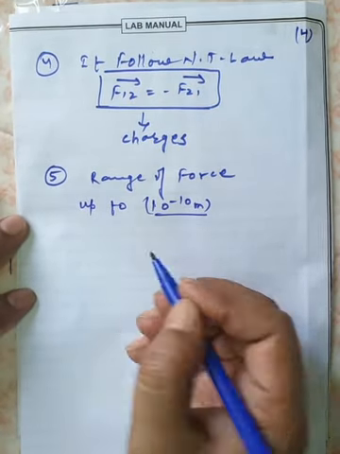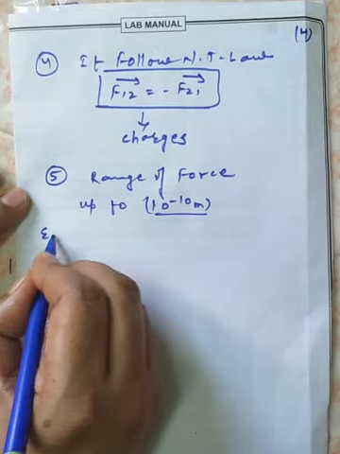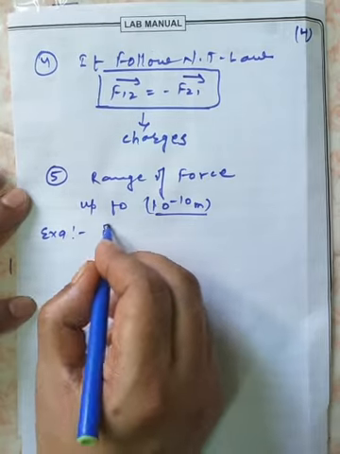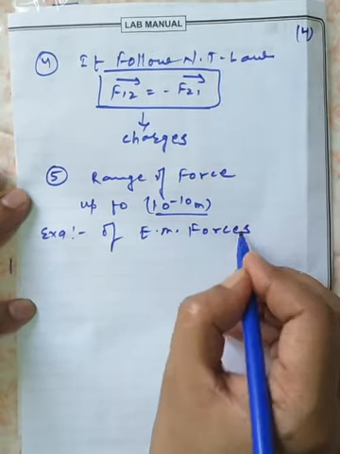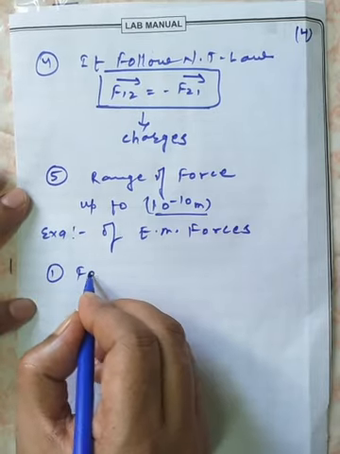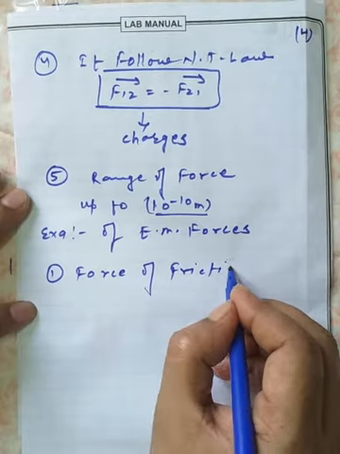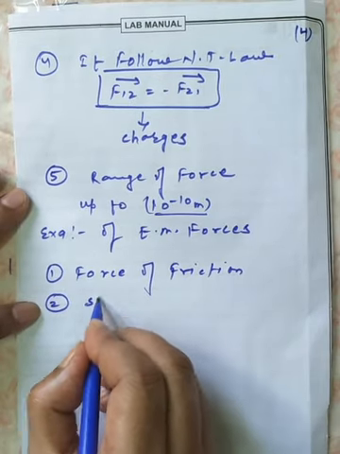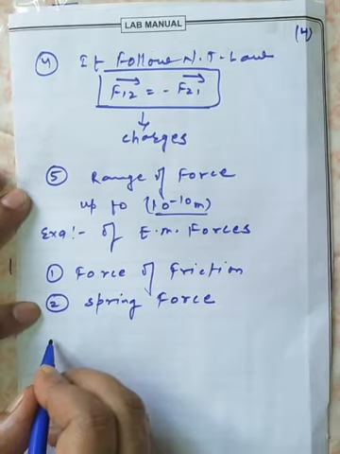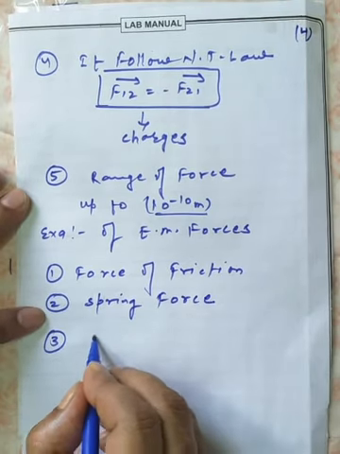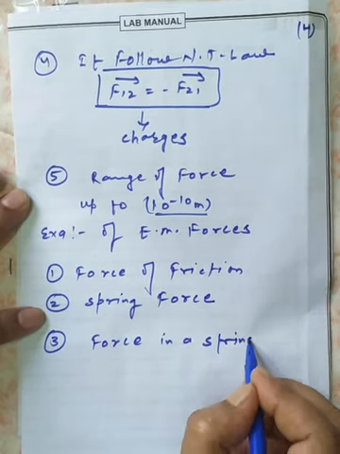So these are the properties of the electromagnetic force. Some examples of electromagnetic forces: force of friction, spring force, force in a string.